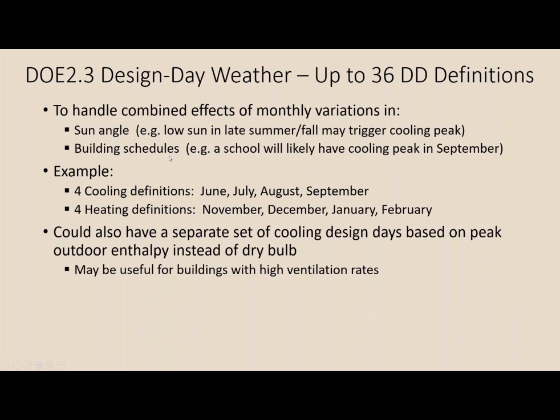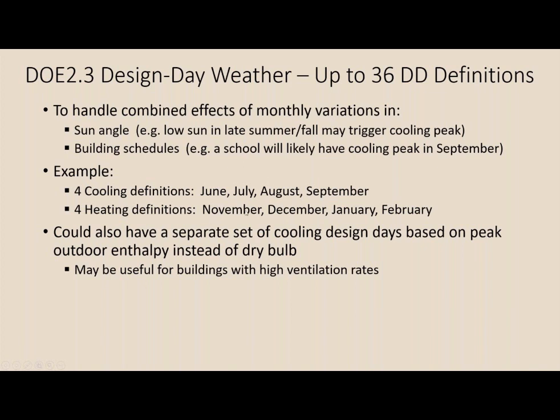Similarly, schools, for example, might have a different building schedule in the summer than in the fall. So you have less use in the summer with a higher temperature and more use in the fall with lower outdoor temperatures, and you're able to capture those differences accurately. Just for example, you might have 4 different cooling definitions, June, July, August, and September, each with a different set of temperatures and wind speeds, et cetera.